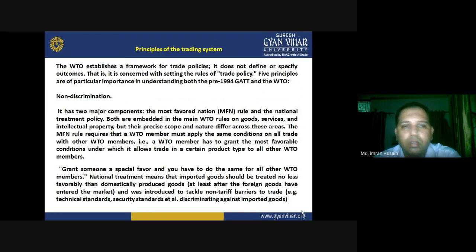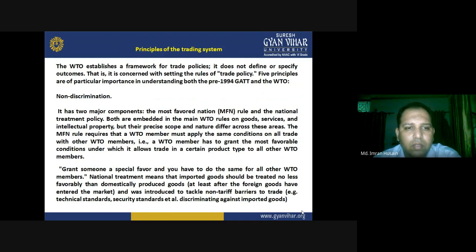The first is non-discrimination. It has two major components: the most favored nation (MFN) rule and the national treatment policy. Both are embedded in the main WTO rules on goods, services, and intellectual property, but their precise scope and nature differ across these areas.